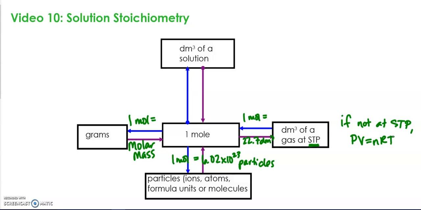And then what's new today is if you have volume of a solution, because here we can use concentration as a conversion factor because we've got moles over volume. So I'll show you what I mean by that.